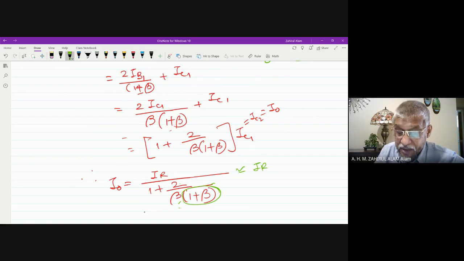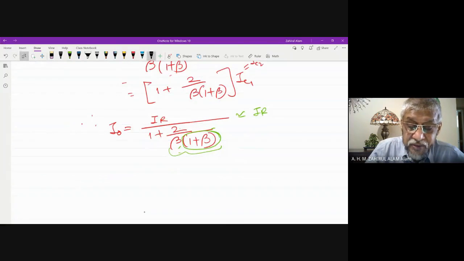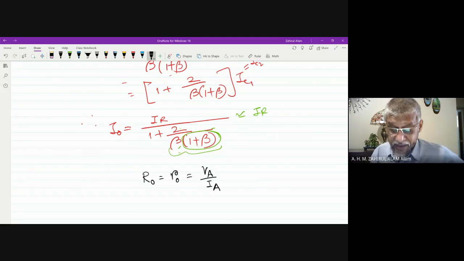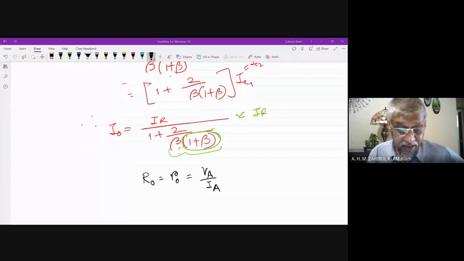So that whole product now becomes very large. So for this particular case also, if we are not going to derive R naught equal to R0, which is VA equal to IA. Now let us do some exercise for this case and see.